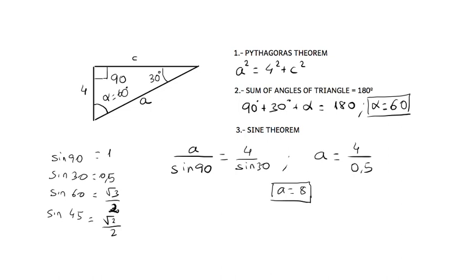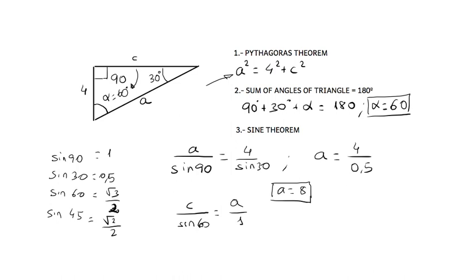Right? So now we have a, we have 4, so we can calculate here c, but also we can use again the sine theorem. For example, we can say c over the sine of the opposite angle, in this case 60, so c over sine of 60 equals a over 1, which is 8, we said, no?